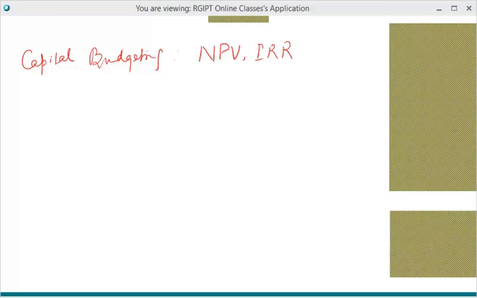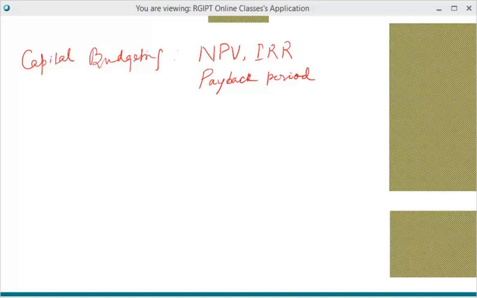Okay. And the rate at which NPV goes to zero is known as internal rate of return. That we discussed, and then we also talked about payback period, right? Yes, sir. Remember that? Yes, sir.